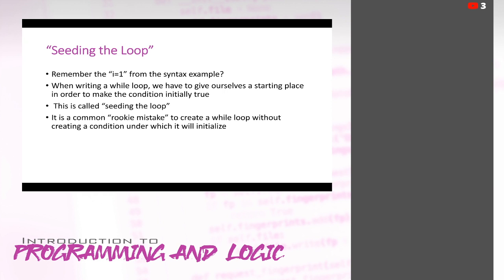We want to have some kind of condition where we have some kind of starting value coming in, whether we assign it via a variable or we take it from a user or we get it somewhere. Because we have to kick off the loop. We have to start the loop and we have to end the loop.